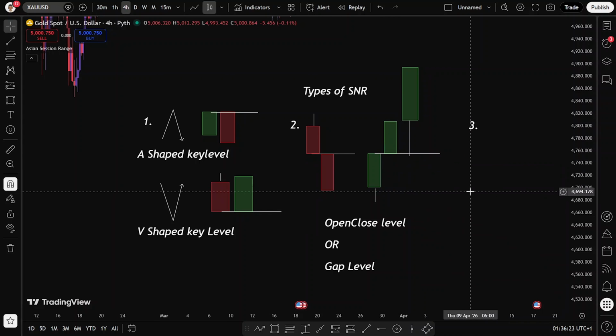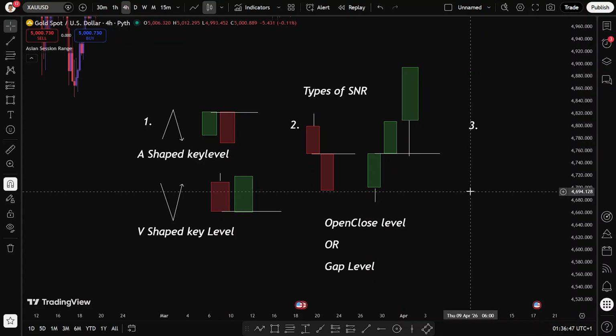Basically, the types of SNR is just a way of marking out your support and resistance. It's explaining the ways in which we can mark out our support and resistance. We only have 2. We only have buyers and sellers in the market. So it's only 2 ways, it's just different ways of marking out where they are. So that's it.